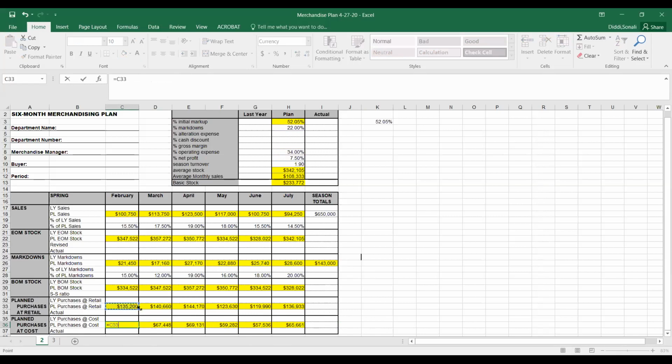You do planned purchases at retail times 1 minus your markup percent. You can also do 100% minus markup percent. I'm just choosing to do 1 so that I don't have to type a lot, but you can also do 100% minus the markup percent. Does that help? Okay, great.